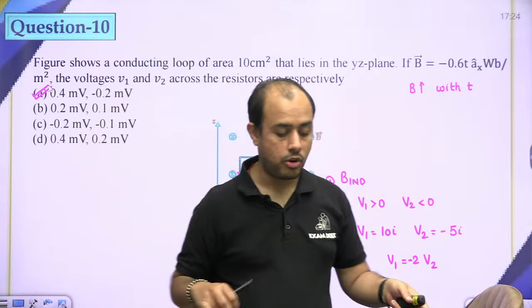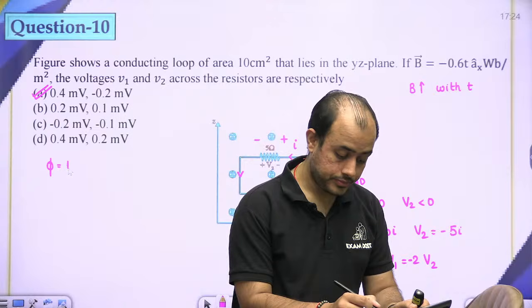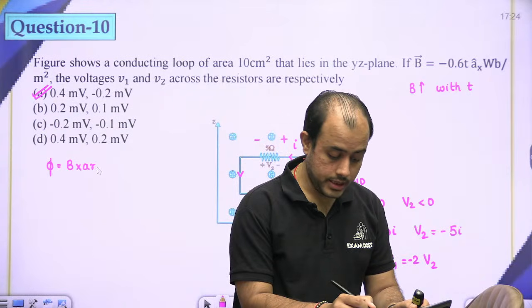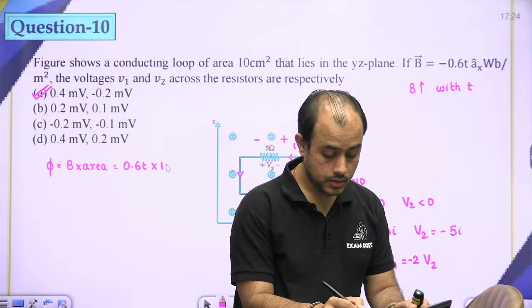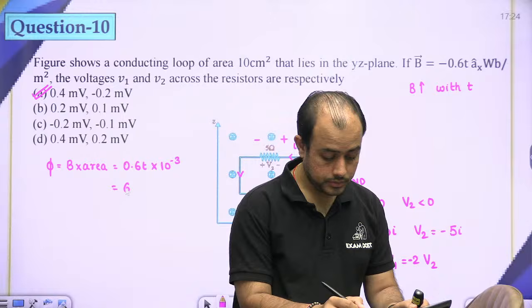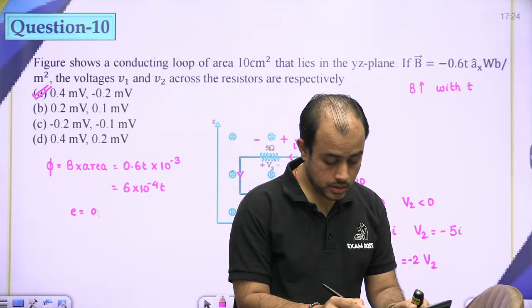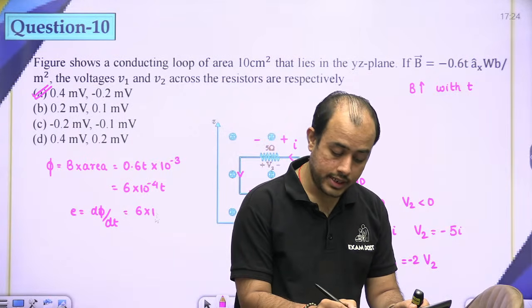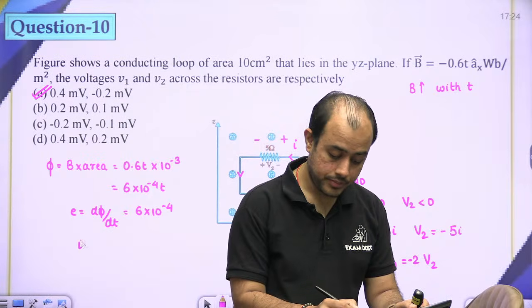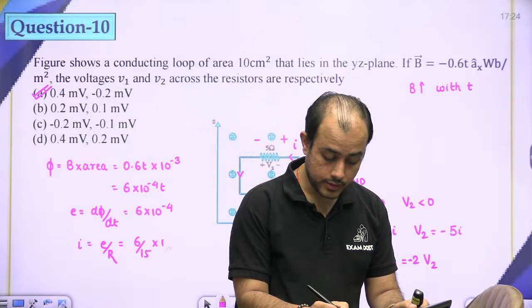Now suppose I wanted to find the current. Toh flux is V into area. I'm not using a minus sign. Why? I have already derived the current polarity. Total resistance is 15.